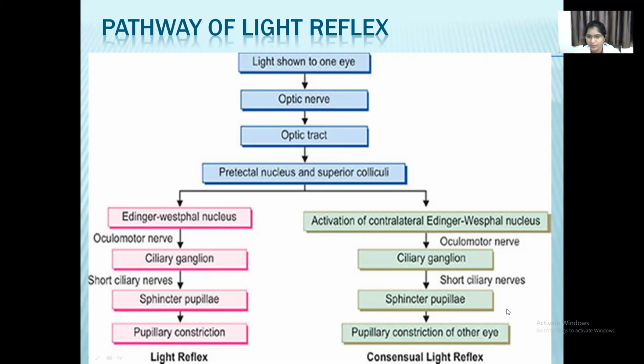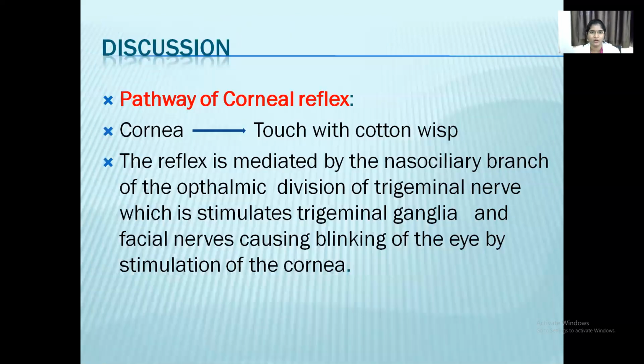It causes sphincter pupillae constriction and it causes constriction of the pupil. So it is the indirect light reflex. So this is the pathway of light reflex, you have to write this one also in your records.